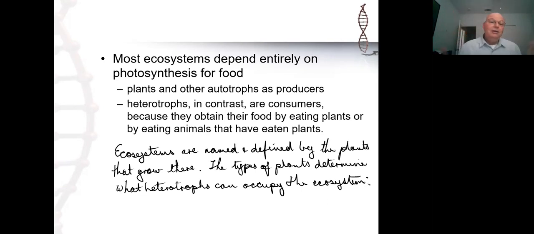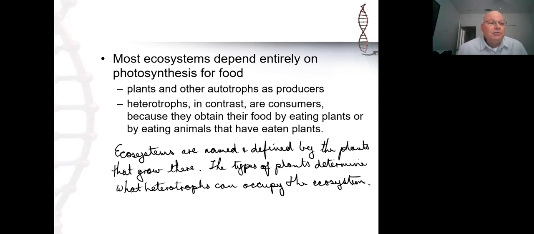So that's just adding in what I've already stated, that it is really the plants that determine what heterotrophs can then occupy the ecosystem. So if you think about some ecosystems that you might be familiar with, a tropical rainforest, right? It's all about the plants. A prairie, it's all about the plants. The tundra, it's all about the plants.